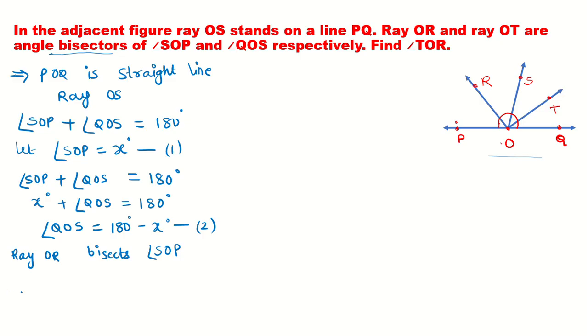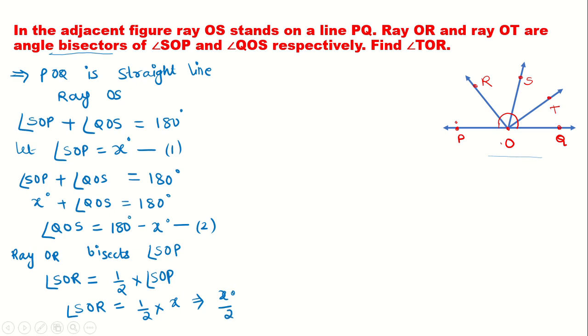Now angle SOR is half of this angle SOP. So angle SOR equals 1 by 2 into angle SOP, which from equation 1 is x degrees. So you will get angle SOR as x by 2 degrees.